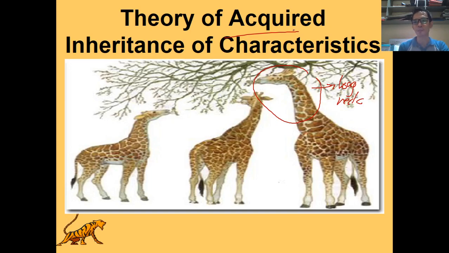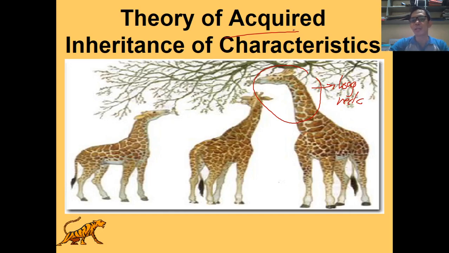All right, let's put this in a situation. For example, if you cut the tail of a dog, according to these characteristics, the dog acquired a severed tail. So the dog already has no tail.